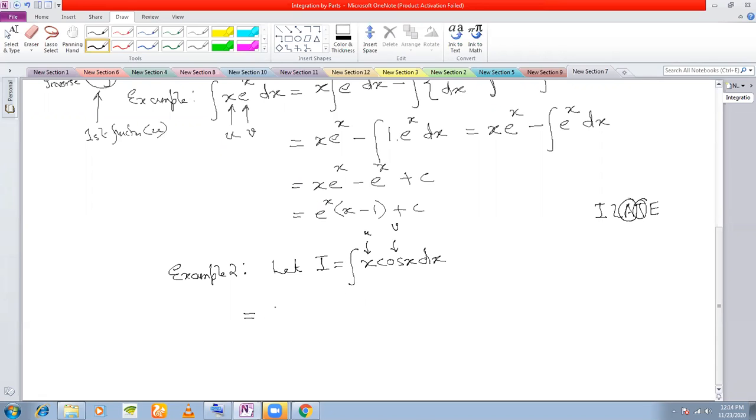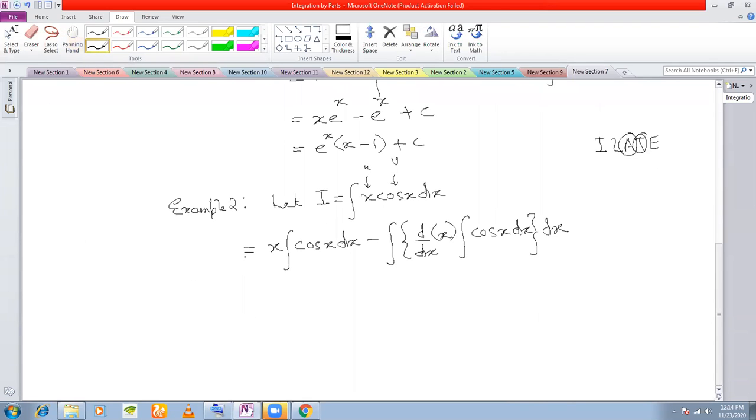So according to the formula again, first function into the integral of the second, integration of cos x dx, minus integral of the derivative of x into the integral of cos x, and whole thing has to be integrated, right? From the formula of integration by parts.